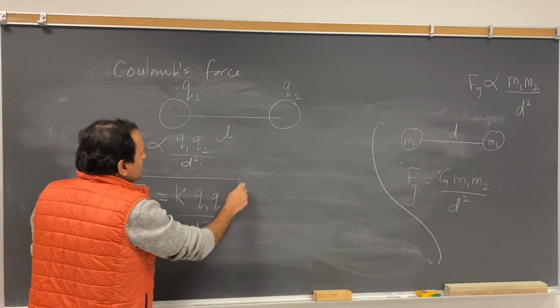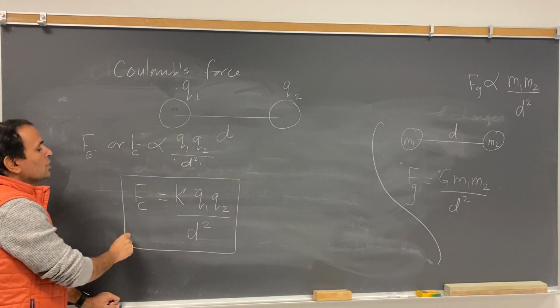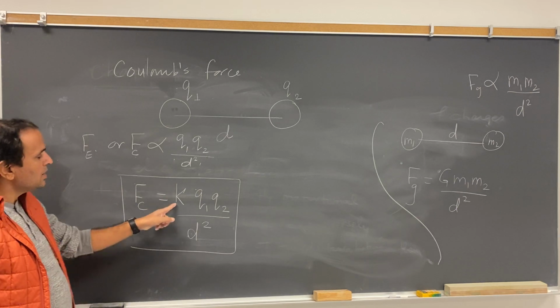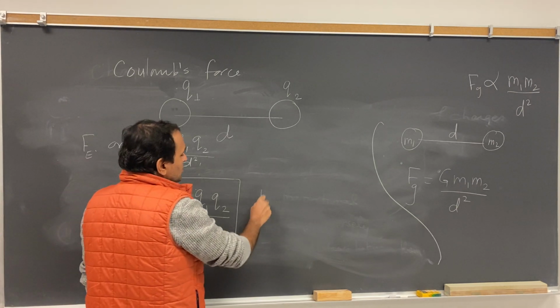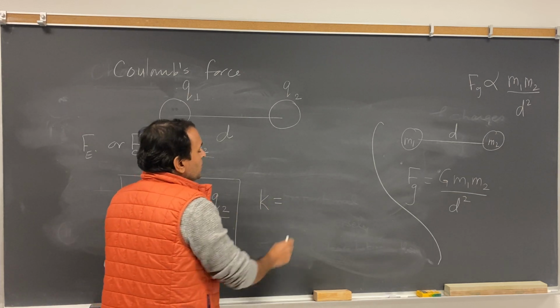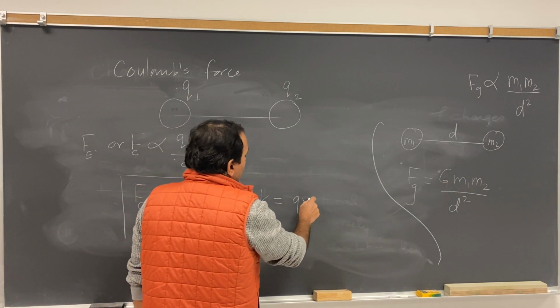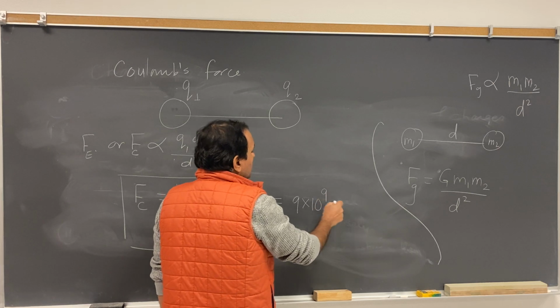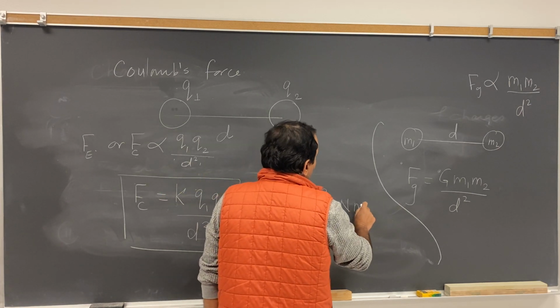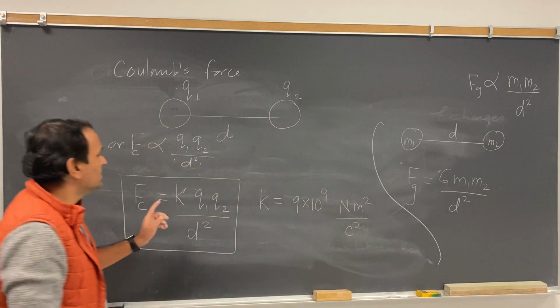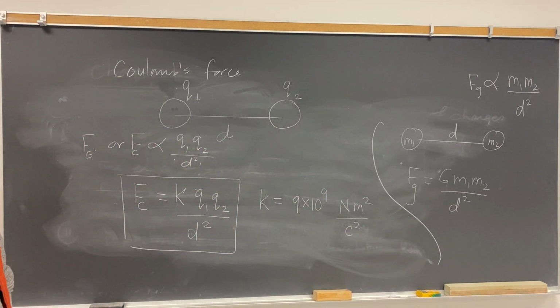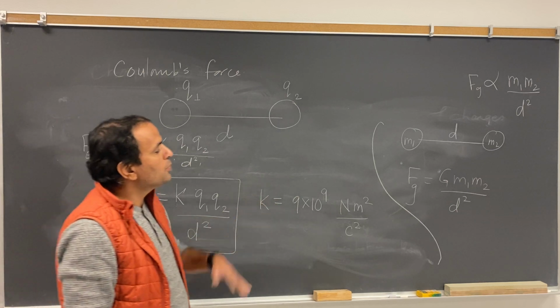Here K is the electrostatic constant, or Coulomb constant, and K is equal to 9 times 10 to the power 9 Newton meter square per Coulomb square.